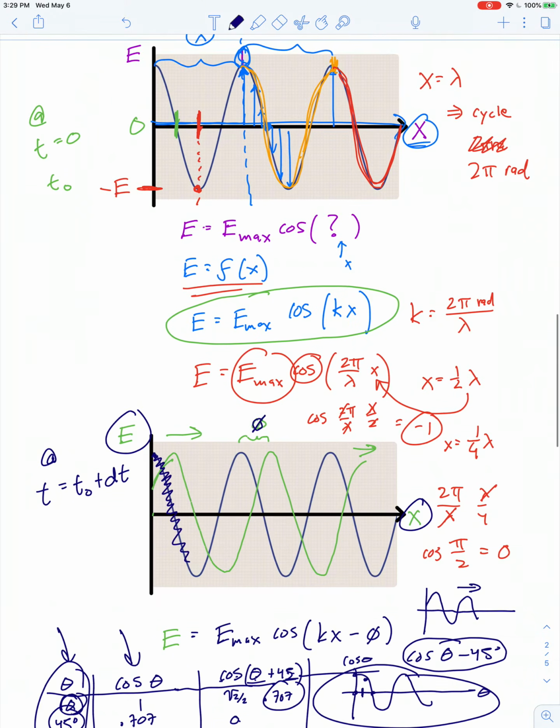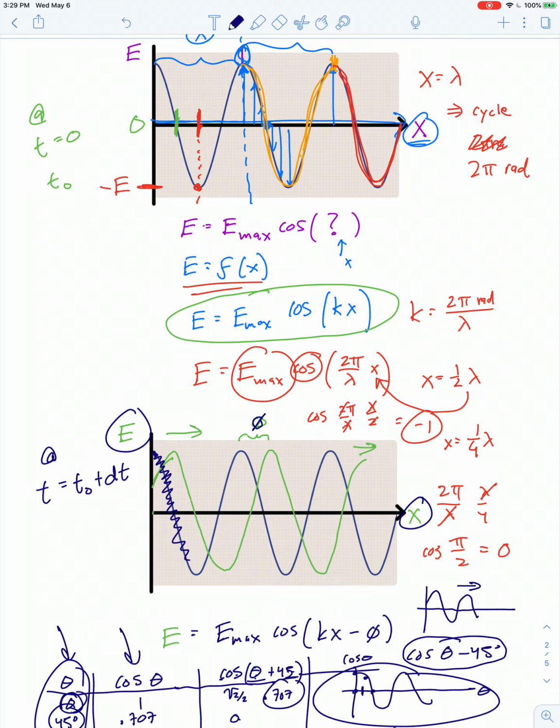So that's what's happening. If this is an electric field vector that's propagating to the right, then the phase shift involved must be a negative phase shift.